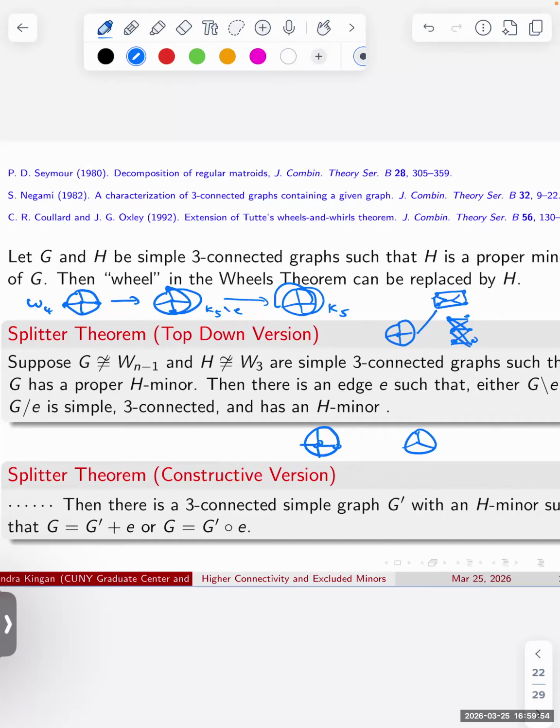And that is why, in that stair-stepping picture, I said we can essentially start any analysis with the prism and K33, right? That's 6 vertices and 9 edges.